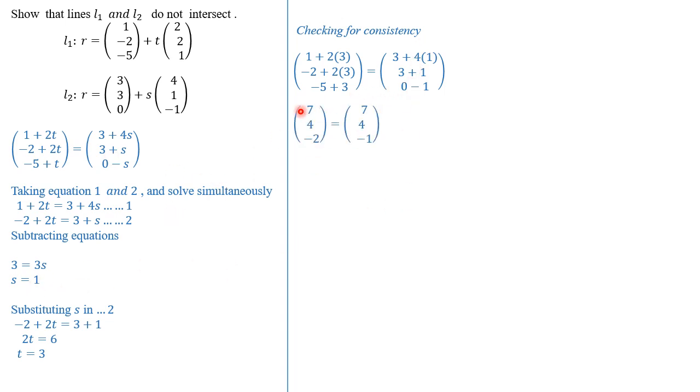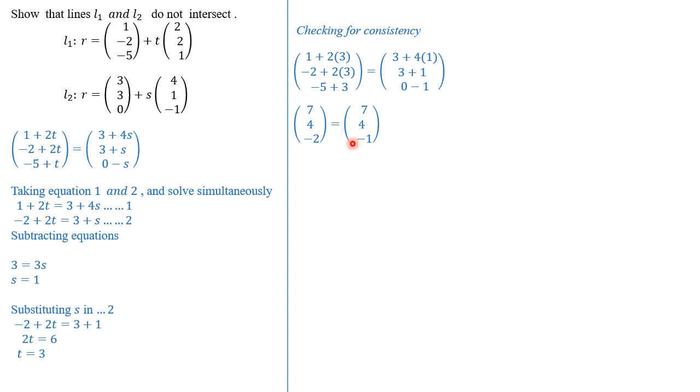So we are going to say that we have 7 is equal to 7, so the x coordinates are consistent, then 4 is equal to 4, the y coordinates are consistent. Then for this one, you see that minus 2 is not equal to minus 1, which is inconsistent on the z coordinate.